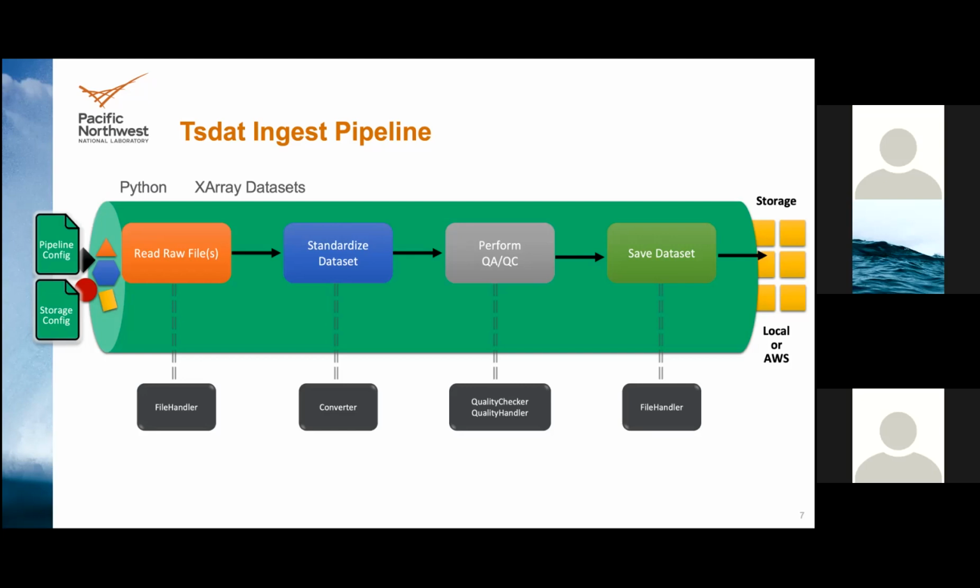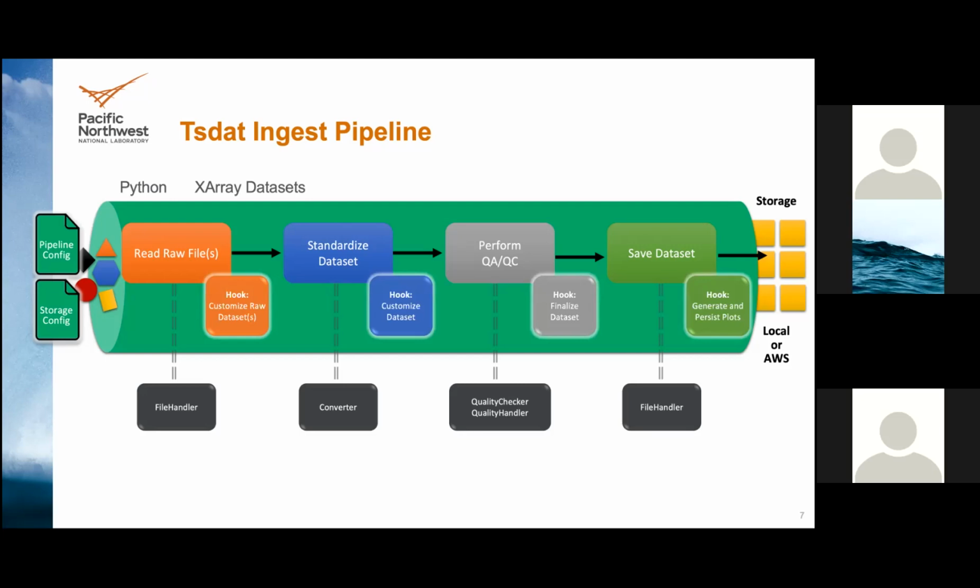And quality handlers define how the pipeline should handle QC failures, such as doing an interpolation to fill missing values or possibly failing the pipeline if the failure is severe. Which of these classes you use for your pipeline are declared in the pipeline config file.